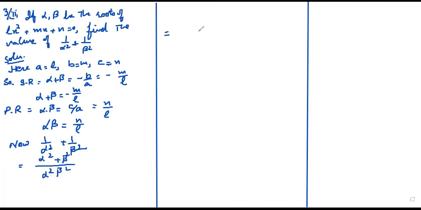So now the numerator is alpha plus beta square, just putting the formula, minus 2 alpha beta, divided by alpha beta square.